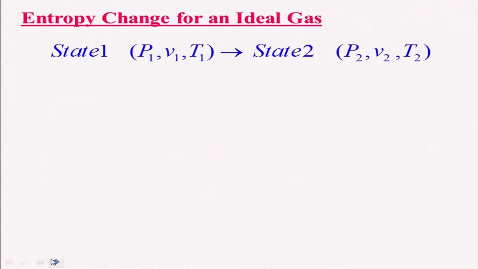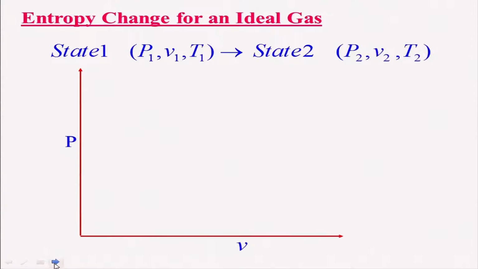So, let us say we need to find the entropy change for an ideal gas going from state 1, which is at P1 V1 T1, to state 2, which is at P2 V2 T2. Let us say we have state 1 here and state 2 here.